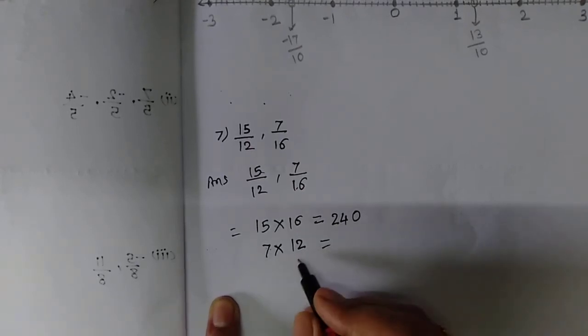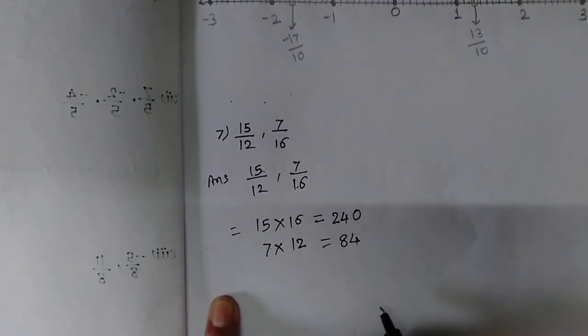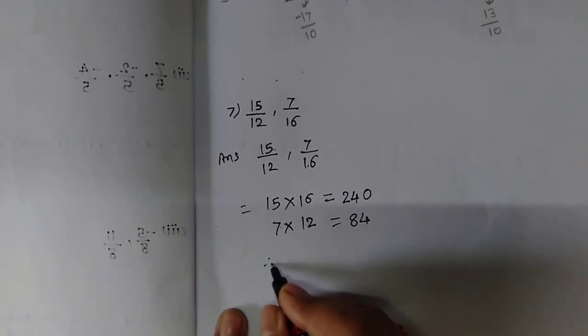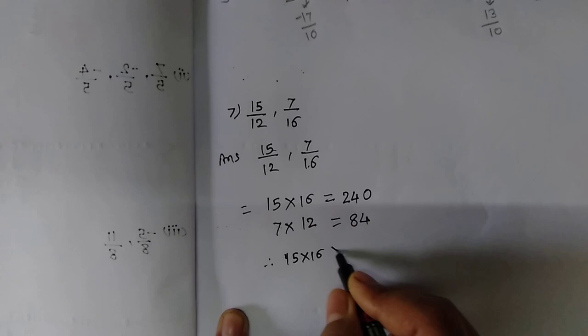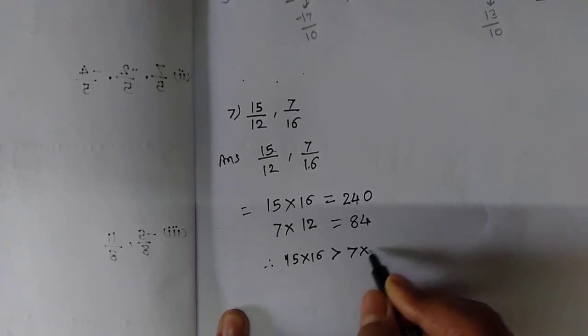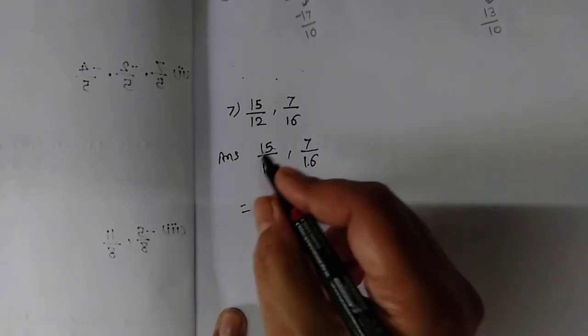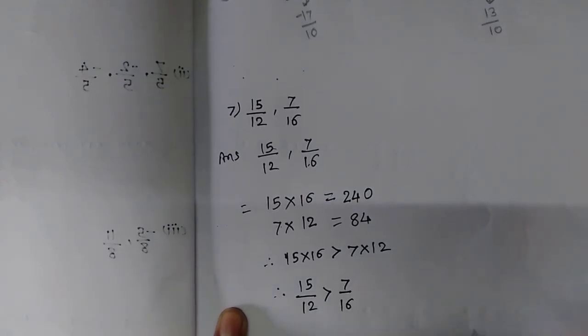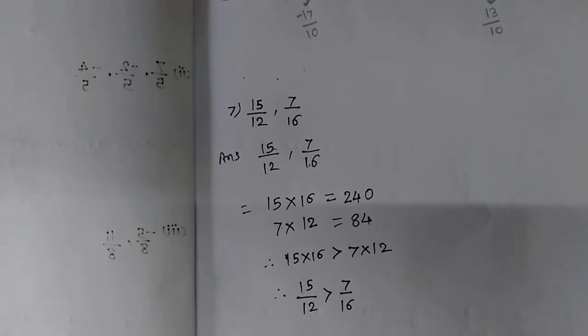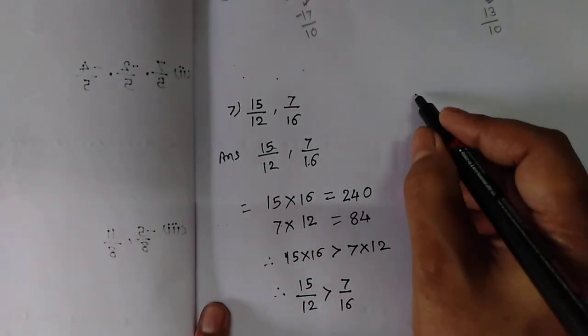So 12 sevens are 84. So therefore 15 multiplied by 16 is greater than 7 multiplied by 12. So therefore 15 upon 12 is greater than 7 upon 16. Correct?